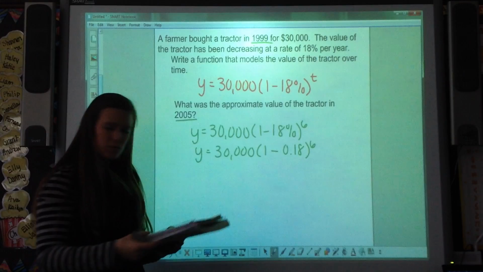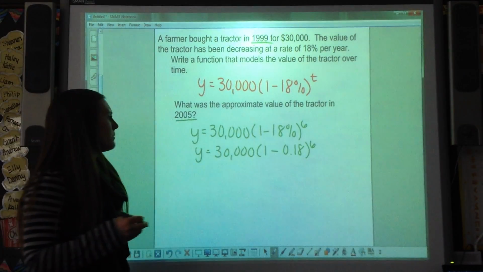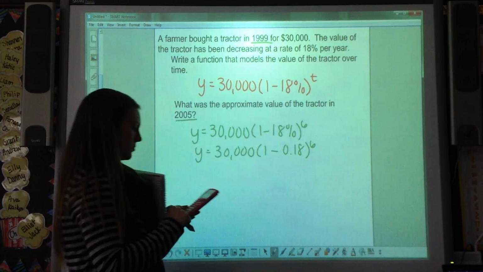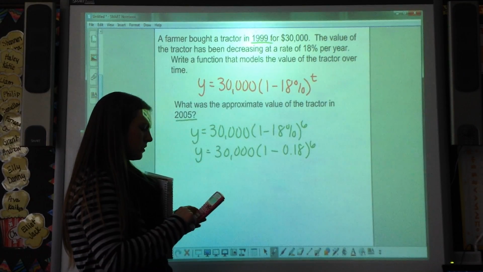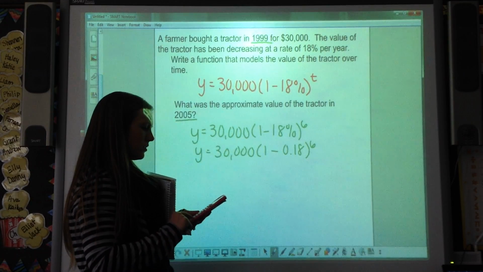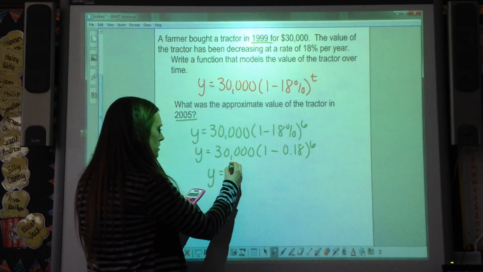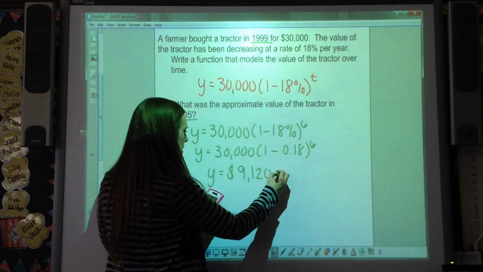I'm going to round to the nearest whole number, actually, you know what, I'll put it in my calculator. Let's see what you get. Let's be more exact. I got that the tractor is worth $9,120.20.